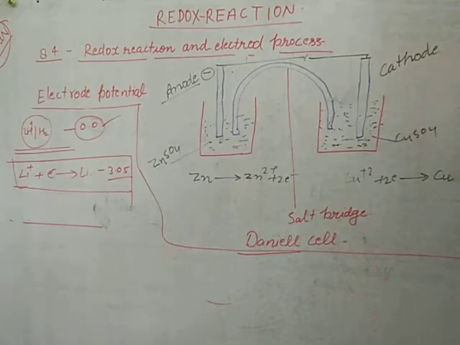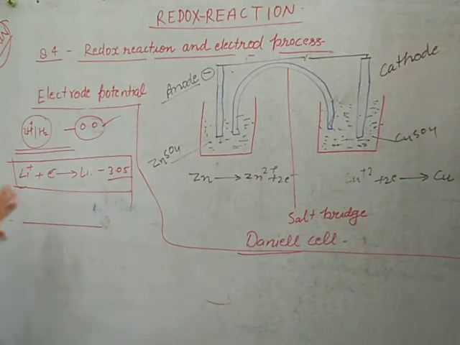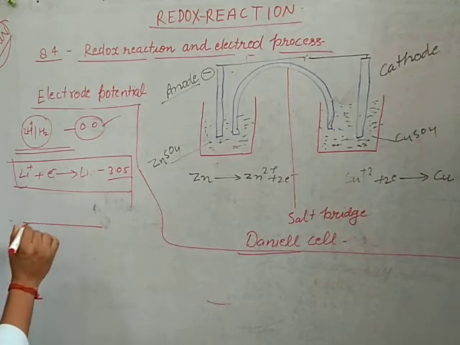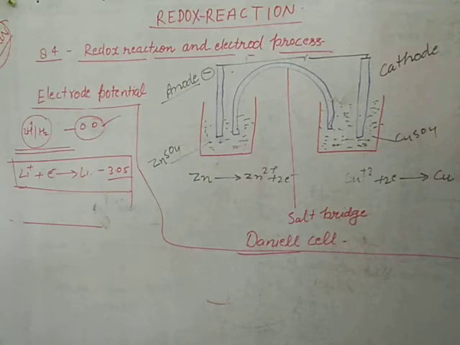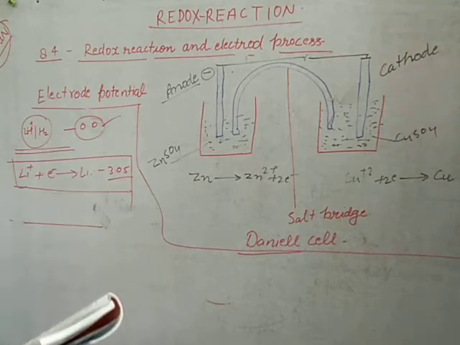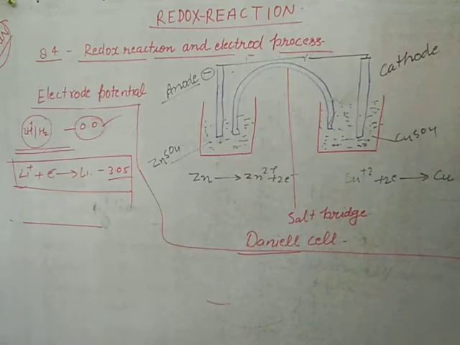And an oxidizing agent oxidizes others and reduces itself. Here is one point you have to note: if a redox couple has a negative standard electrode potential, it means the redox couple is a stronger reducing agent than the hydrogen couple.